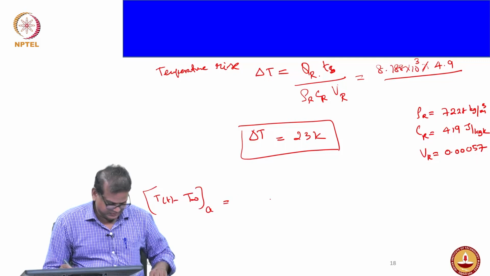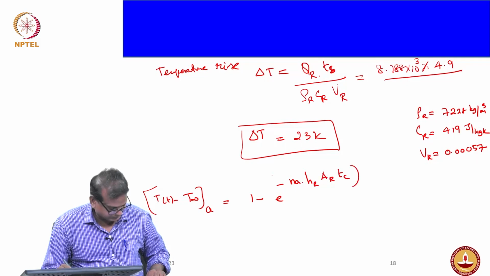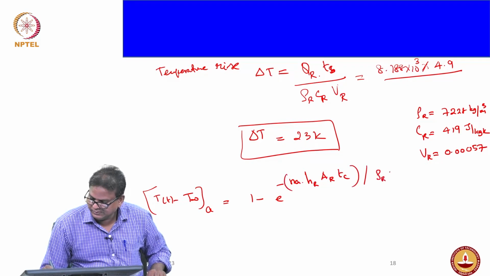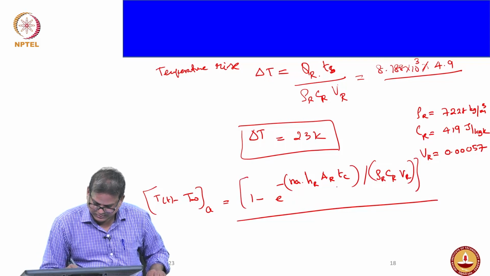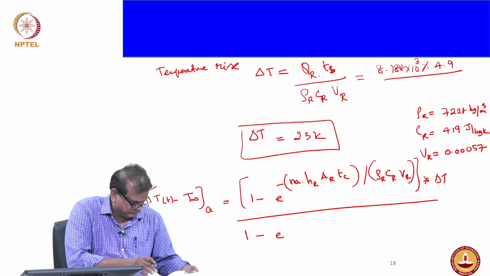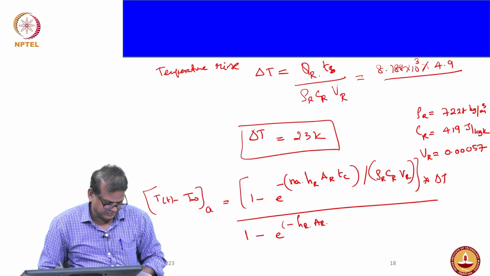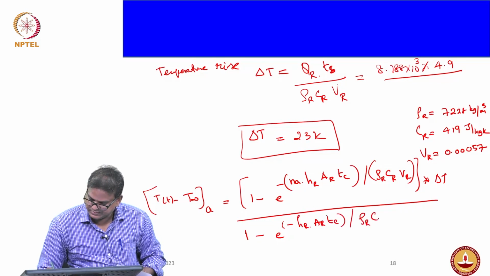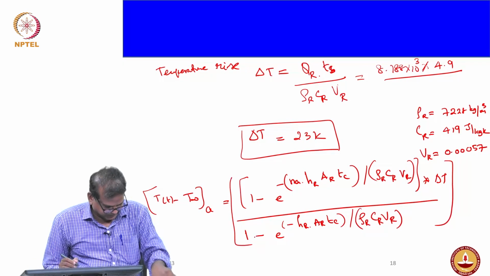This is the equation we should use: HR, AR, TC divided by rho R, CR, VR, into delta T. Okay, so this is the equation you have to utilize for the calculation.